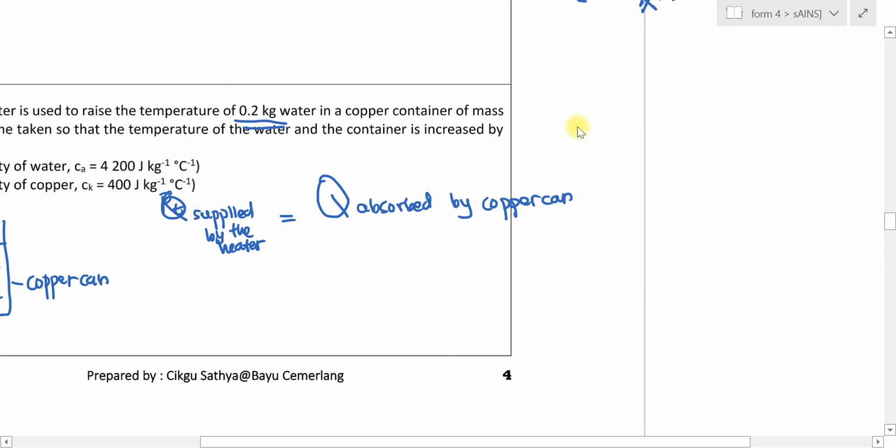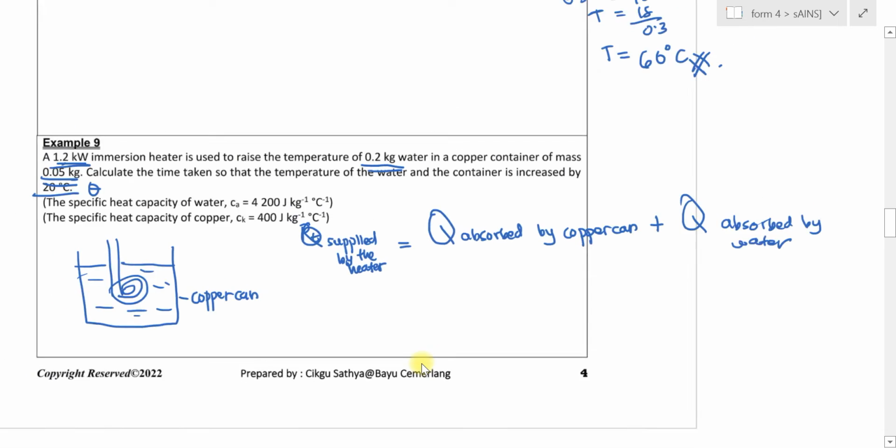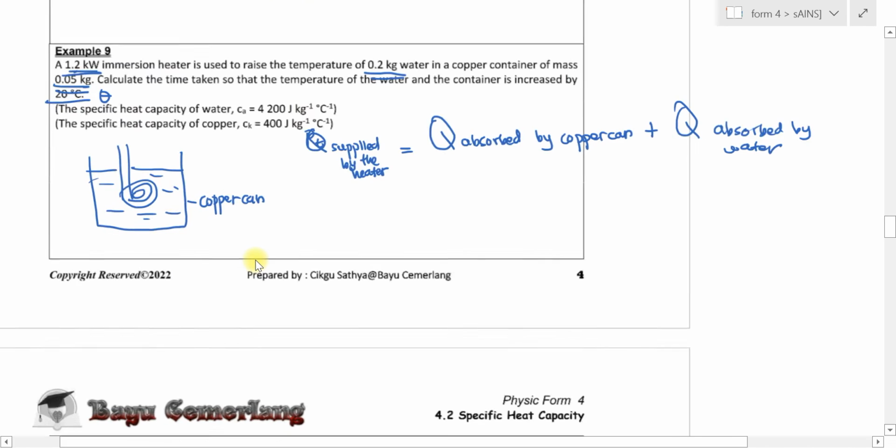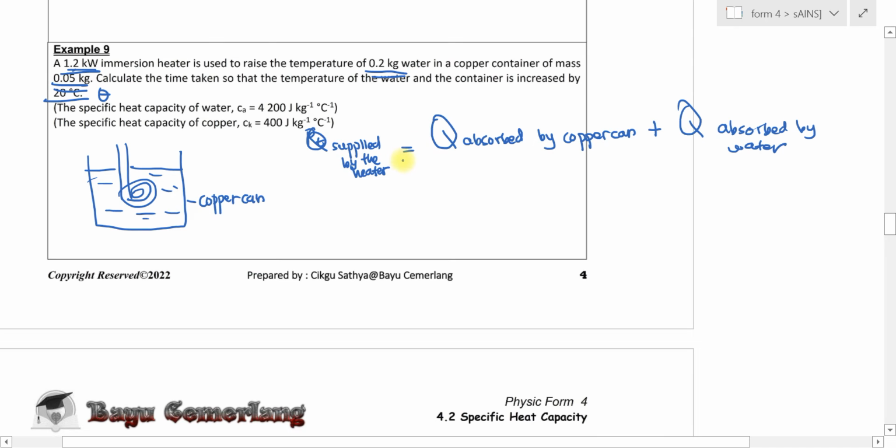Copper can plus heat energy absorbed by water. Logically, it should be in this way. Right. Q supplied by the heater always must be PT equal to M1 C1 theta 1 plus M2 C2 theta 2.